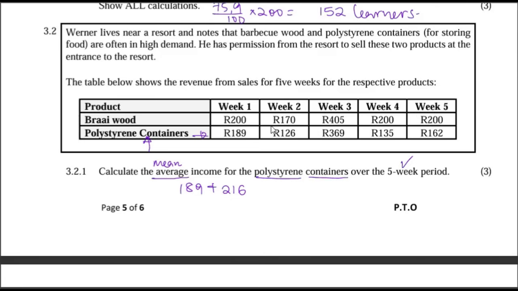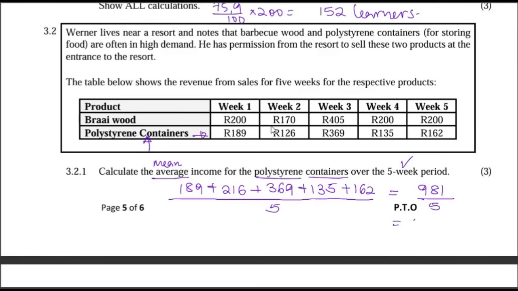So that much plus 369 plus 135 plus 162. Add all these values and you divide by 5. When you add everything up, you end up having 981 divided by 5. And the final answer becomes 196 rands 20 cents.